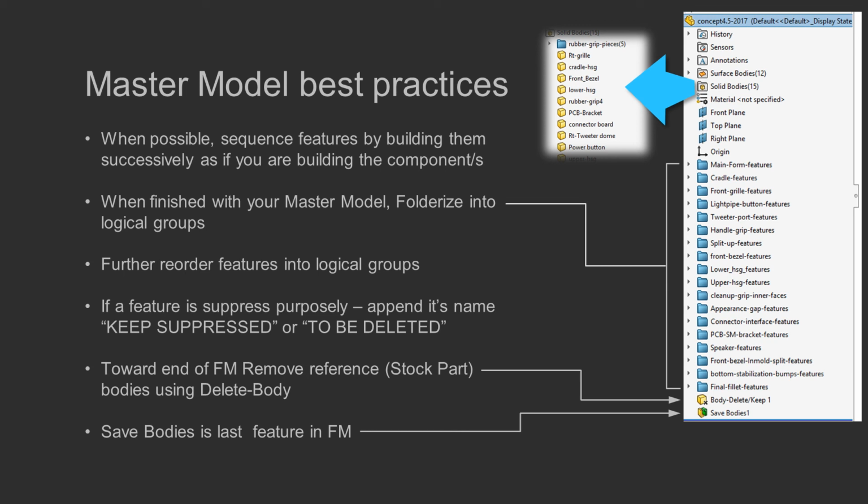It reduces the complexity and number when you have to edit. And then, of course, the save bodies feature is the last feature in the master, or it's near the last feature if you have other features beyond that that you don't want to be included in save bodies. So those are some good ways of organizing your master.